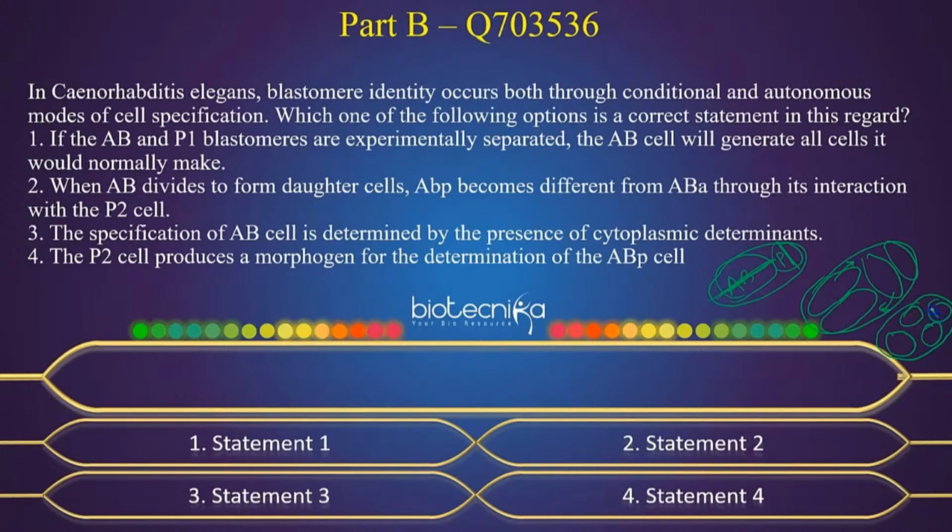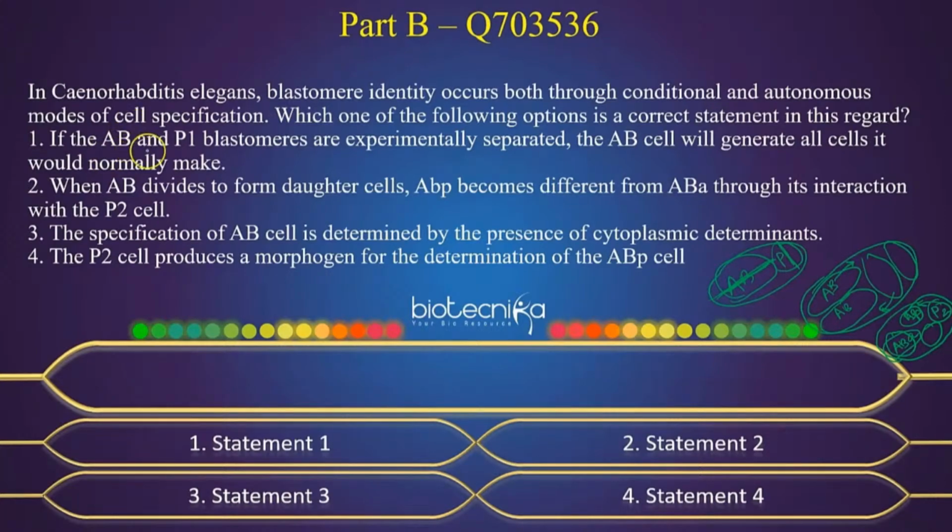Now the last cell is the P2 cell, which gives signal to these two daughter cells of AB. Both are daughter cells of AB, but whichever is in connection with P2 receives the signal to form ABP, and whichever doesn't receive the signal will become ABA. So this is the concept based on which they have asked the question.